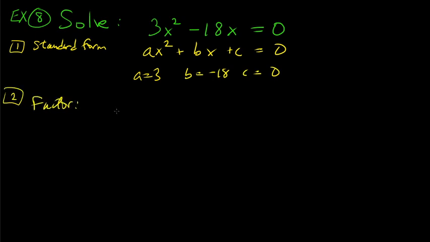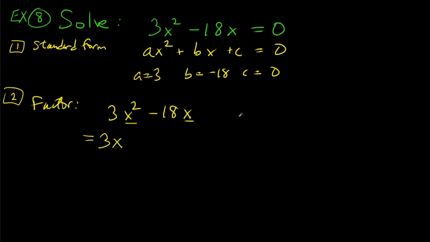Next thing we want to do is factor 3x squared minus 18x. So I hope this is pretty clear by now. The GCF is not 1. The GCF is 3. 3 and negative 18 are both divisible by 3. Oh, and the x. I almost forgot the x. They both have an x in it.